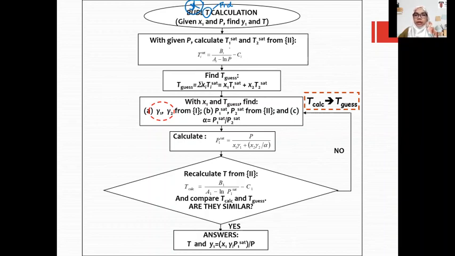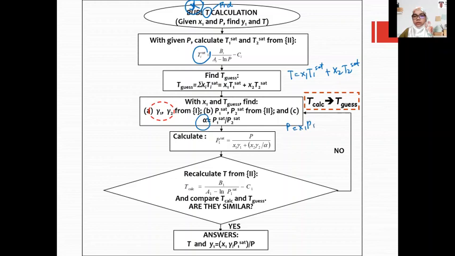So you can rearrange the Antoine equation to obtain the T1 saturation, and the T guess is based on the relation T equals x1 T1 saturation plus x2 T2 saturation. And then from the value of T obtained here, you can insert into Antoine equation to obtain the P saturation. So P1 saturation over P2 saturation gives the value of alpha.